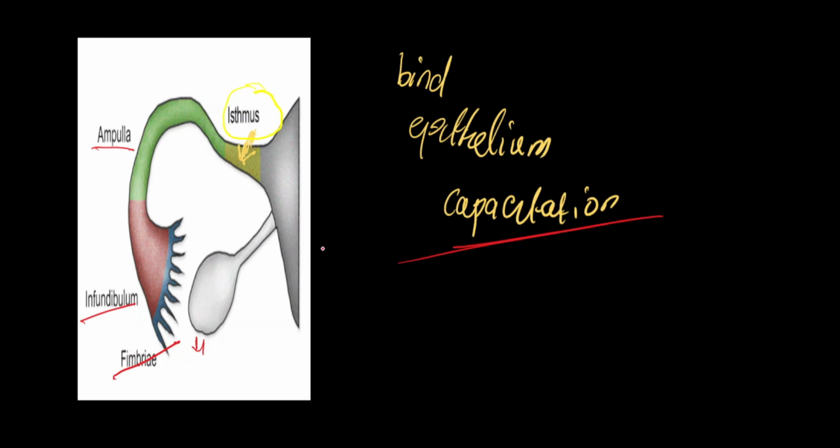Put very simply, freshly ejaculated sperm cells are actually unable to fertilize an oocyte. So even if the sperm cell is directly released, it's still unable to fertilize an oocyte until it undergoes capacitation.